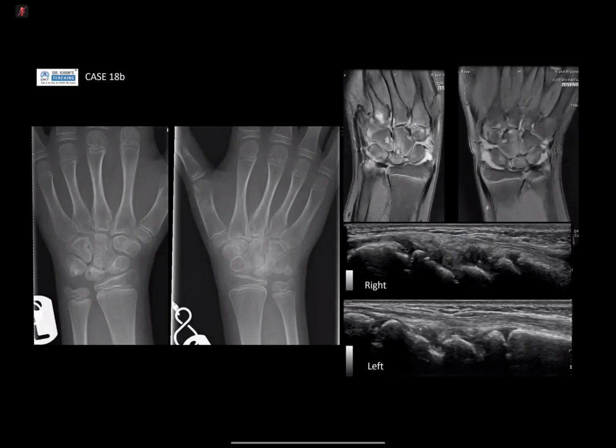And on ultrasound, there is fluid with echogenic material, not clear fluid, with some debris. So I'm thinking of a systemic disease, maybe rheumatoid arthritis, since it's affecting the carpal bones.